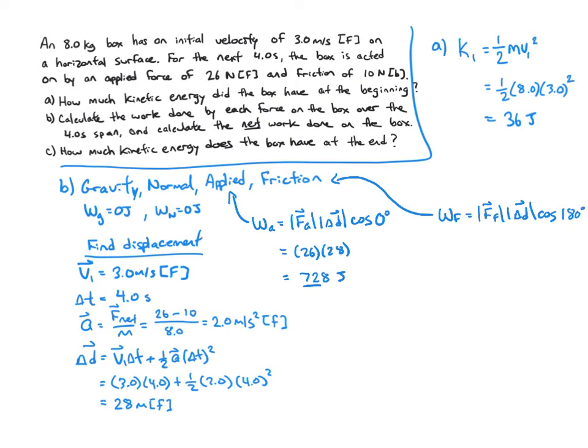So it's cosine of 180. And what's cosine of 180 degrees? Well, that's equal to -1. So this becomes force of friction is 10, displacement is 28, and cosine of 180 degrees is -1. So I multiply that together and I get -280 joules.